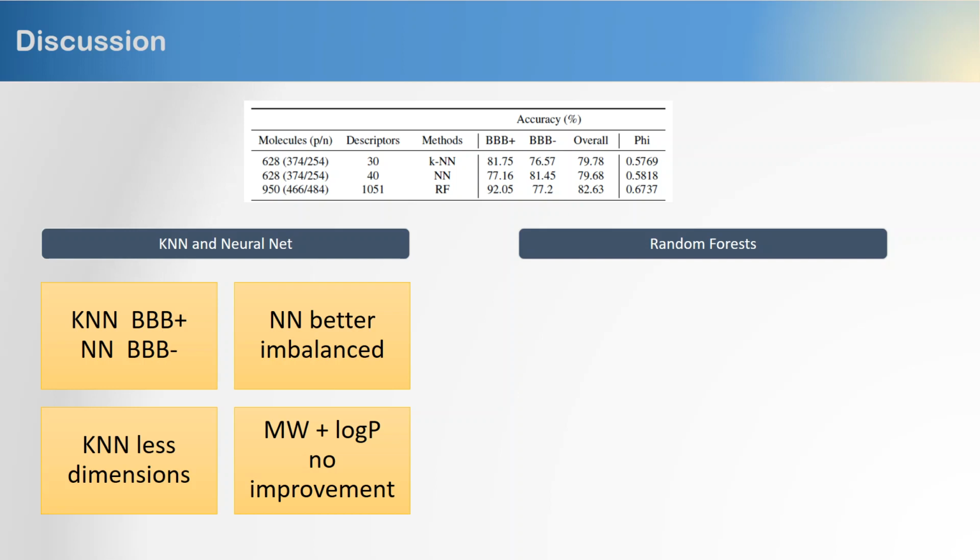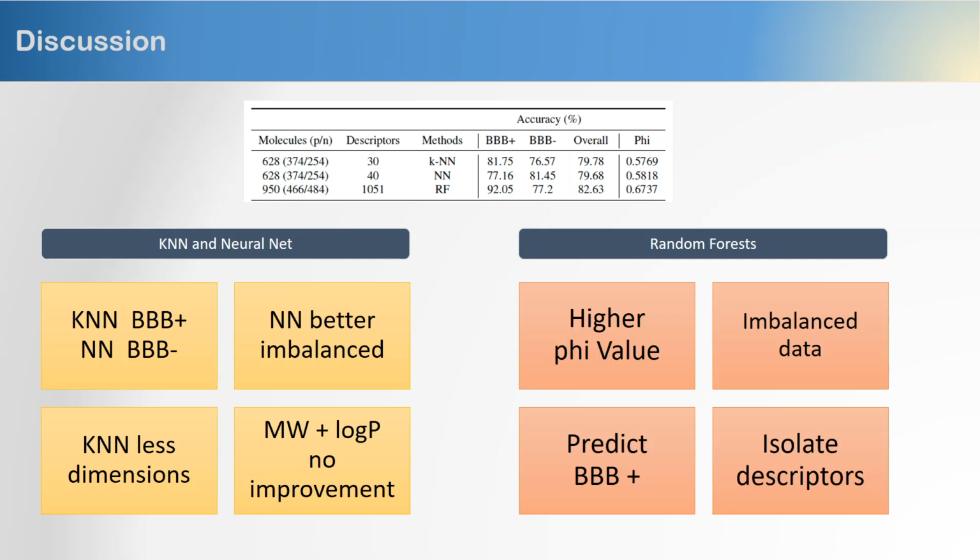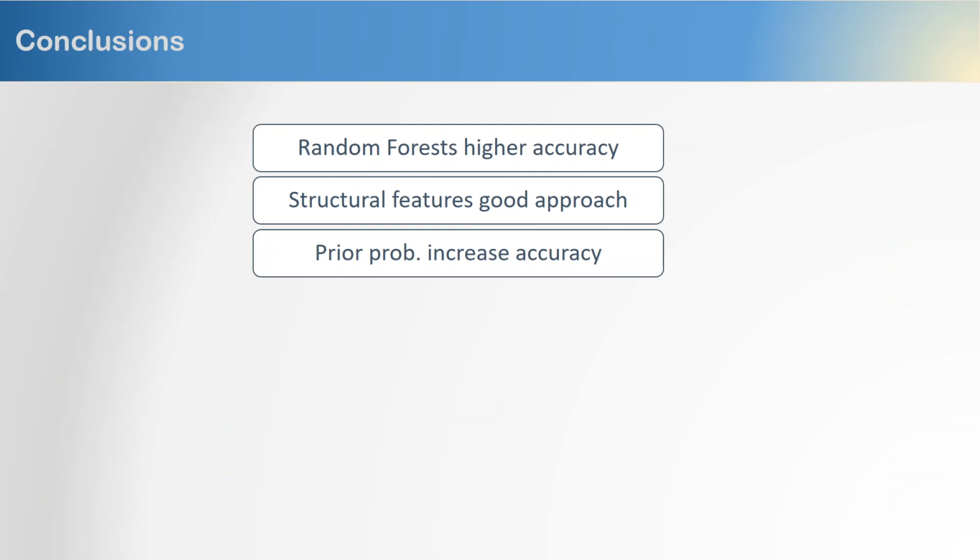The variables molecular weight and log-P do not bring an improvement. The search for better results led to random forests implementation. It shows a higher phi value, gets a higher predictive capability for the crossing class, and the ability to identify the most important molecular descriptors for this particular classification.